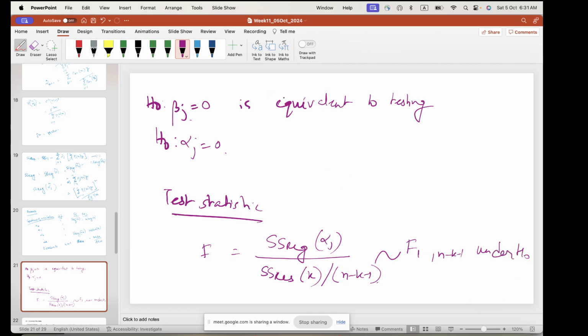Our rejection rule is: reject H naught if and only if F is greater than F critical with 1 and n minus k minus 1, where the critical point is the upper alpha 0.05 point of an F distribution with degrees of freedom 1 and n minus k minus 1.